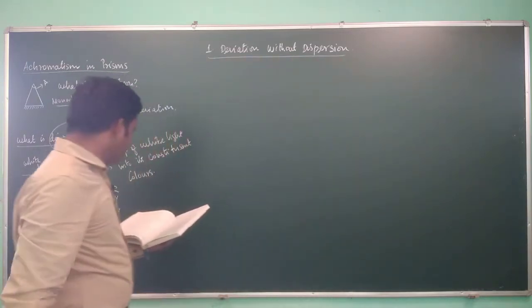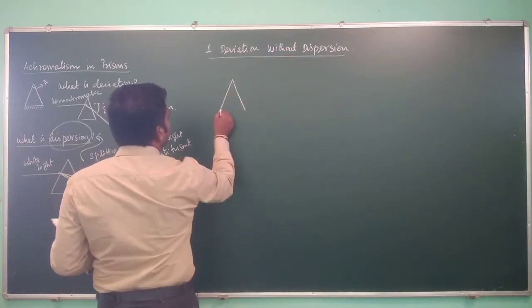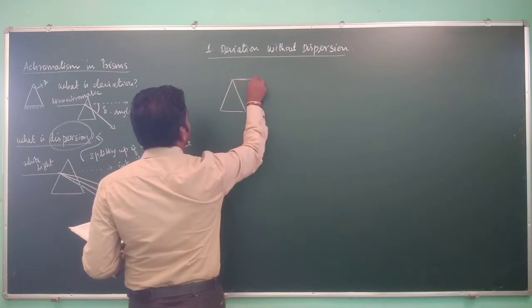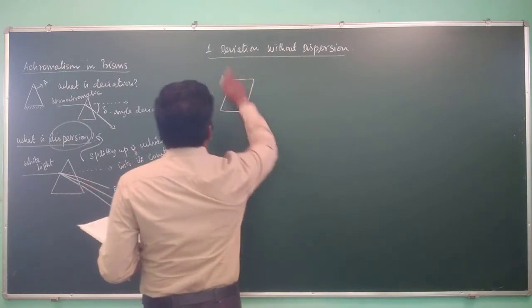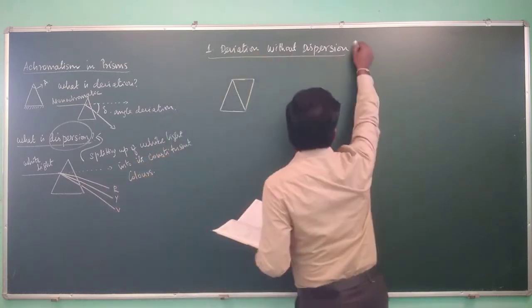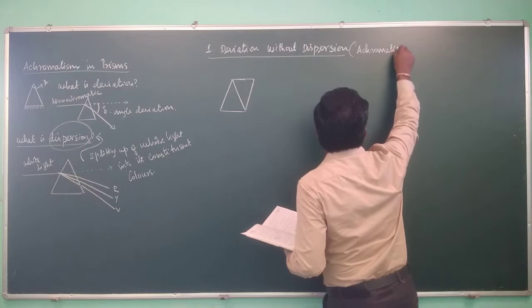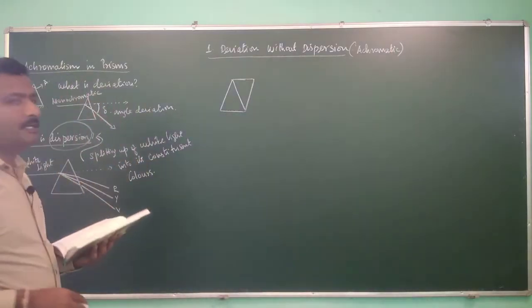To achieve this, we will have two prisms which are arranged opposite in direction, right? Deviation without dispersion is called achromatism. This combination of prisms is called achromatic prism. This phenomenon is called achromatism.